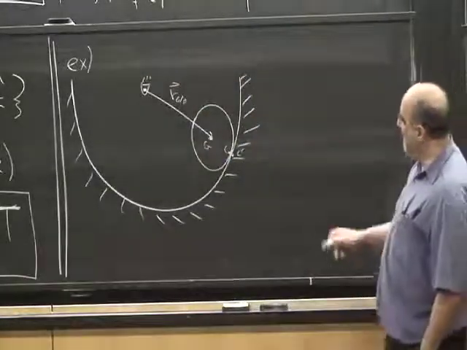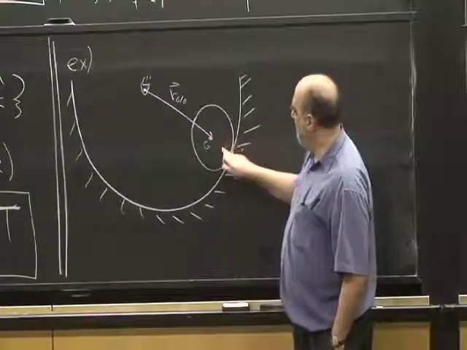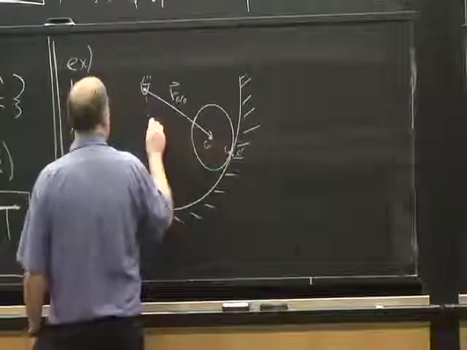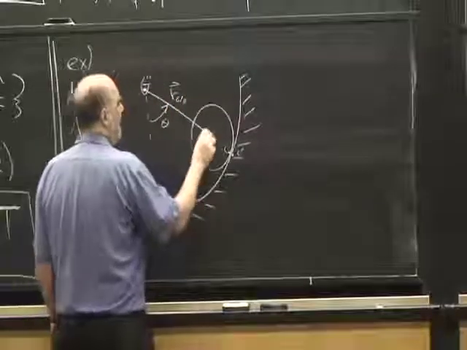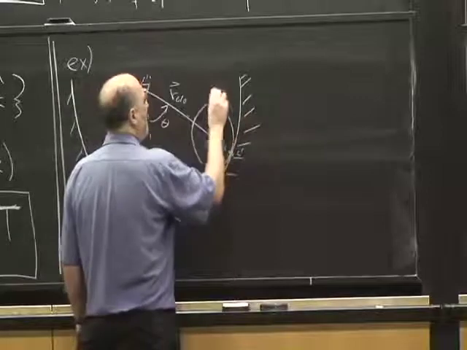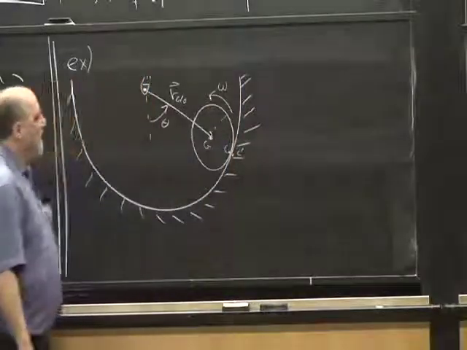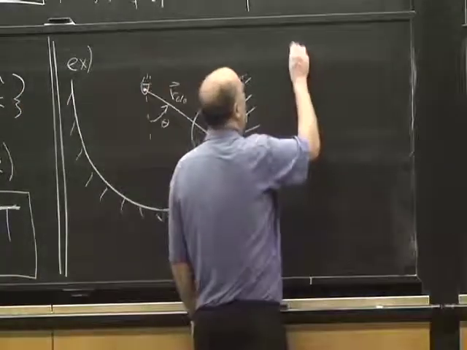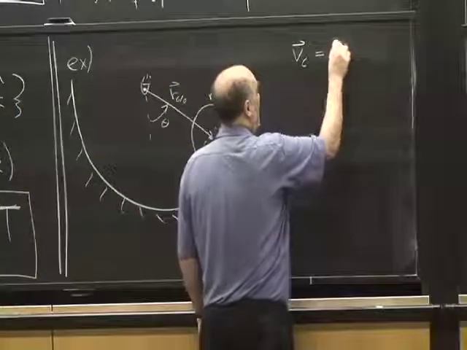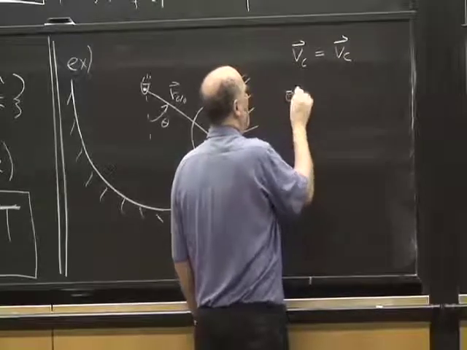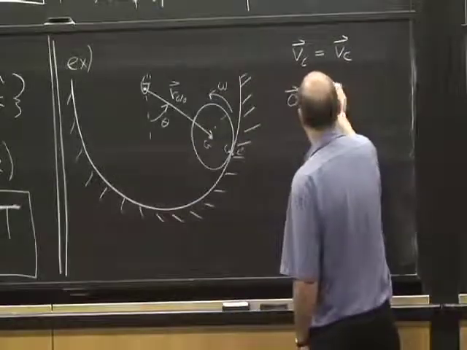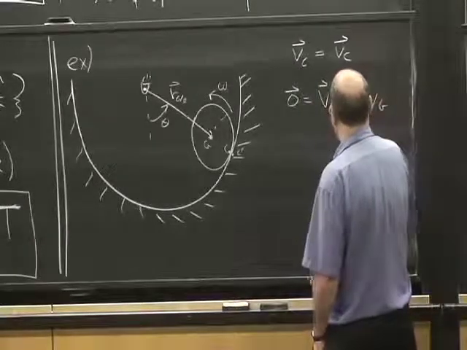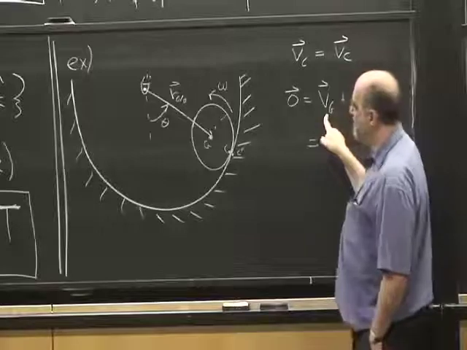The key to figuring out how this problem works is to figure out the relationship between, say, this angle here, theta, and the angular velocity of this object. How can we figure that out? We can figure it out by saying that the velocity of C is equal to the velocity of C prime, and therefore 0 is equal to the velocity of G plus the velocity of C with respect to G. What's the velocity of G?